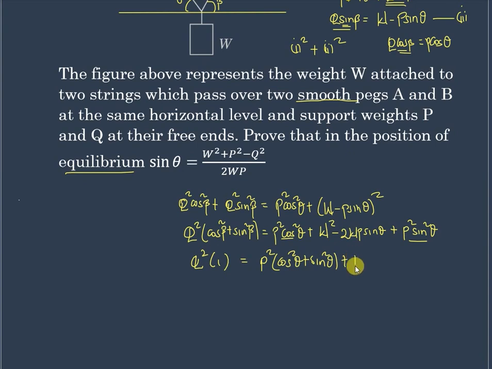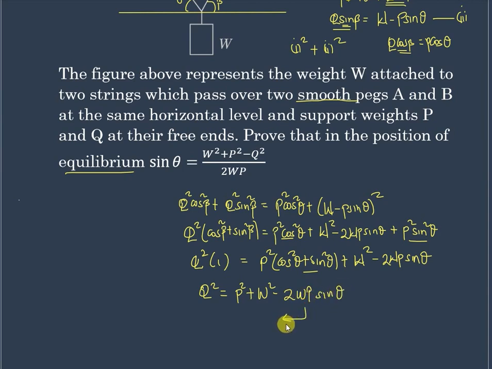Then plus W squared minus 2WP sine of theta. So you have that Q squared is equal to P squared plus W squared minus 2WP sine of theta.